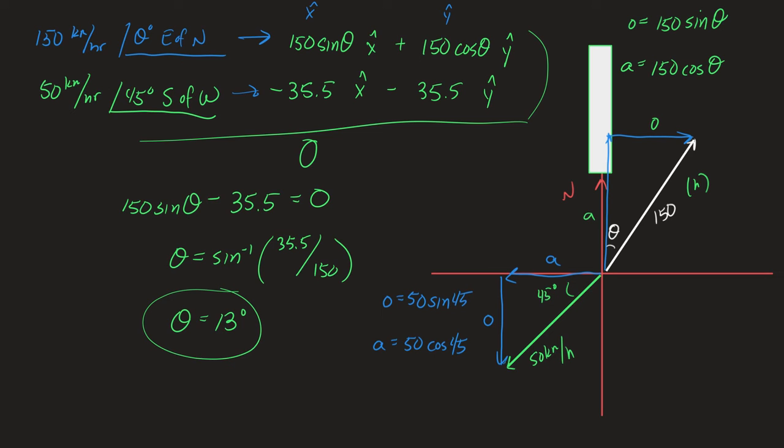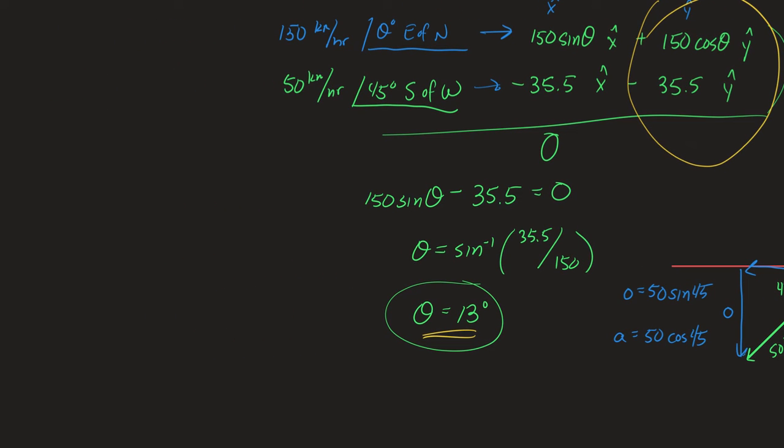Well, the next part is merely understanding that the sum of the y-coordinates is going to be the ground speed of the plane. The plane has no component in the x direction, so its entire ground speed is whatever the sum of the y direction is. So now that I have my angle, I can figure out that sum.